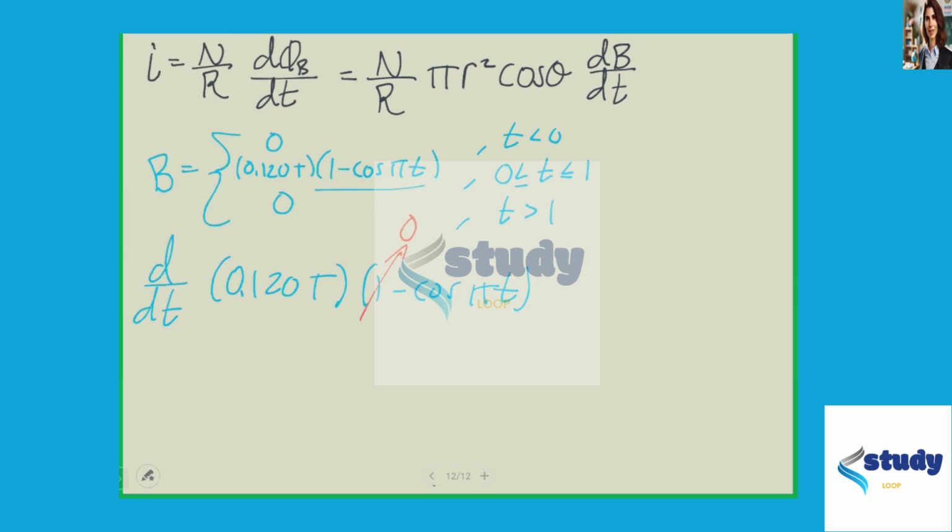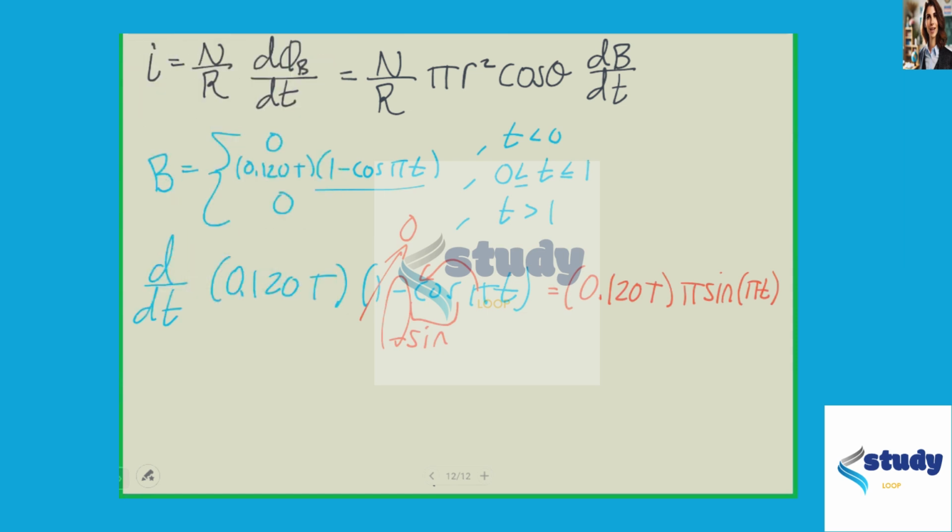Then when you take the derivative of cosine, you bring out a pi from the chain rule, and then the derivative of just cos is minus sine, right? So these minus signs right here are going to cancel. So the full derivative is actually 0.120 Tesla times pi times sine pi t. So that's the derivative of the complicated part.